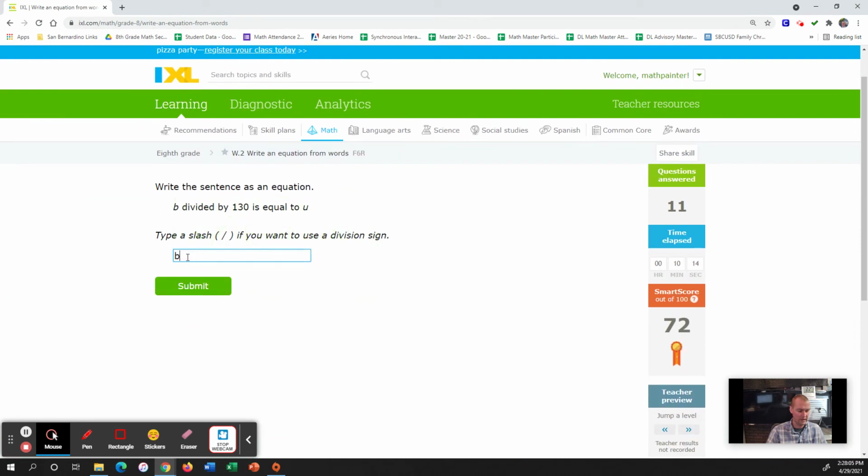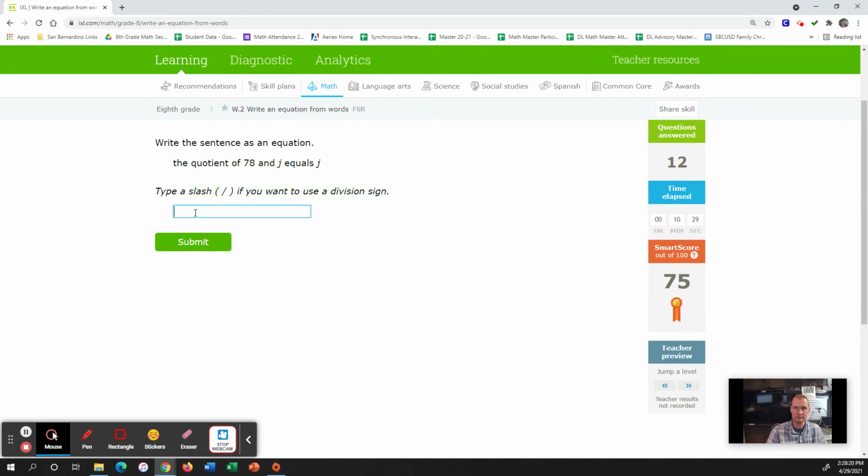Next up, we got B divide 130 is equal to U. The quotient of 78 and J, so divide J, so quotient means 78 and J get divided, is equal to J.